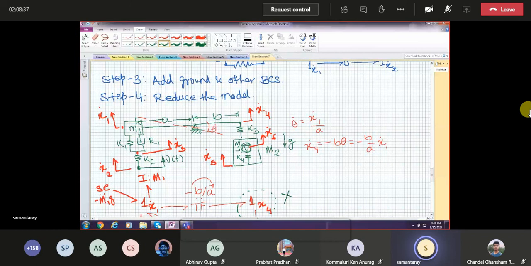And that resultant force then acts on mass M1. So we have four things that are equal according to the free body.